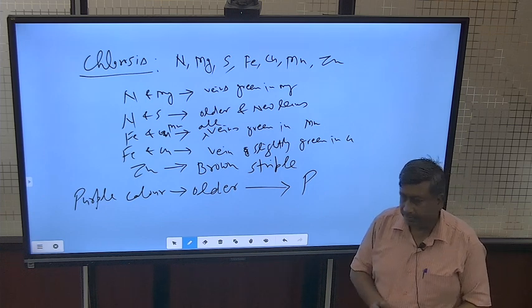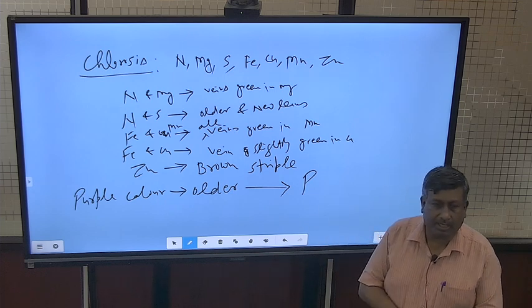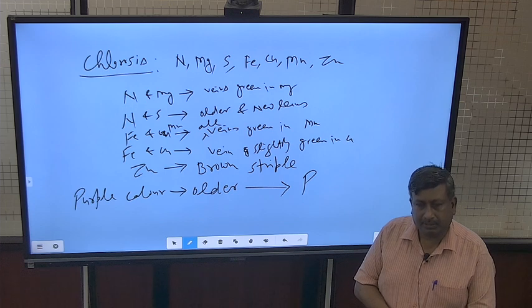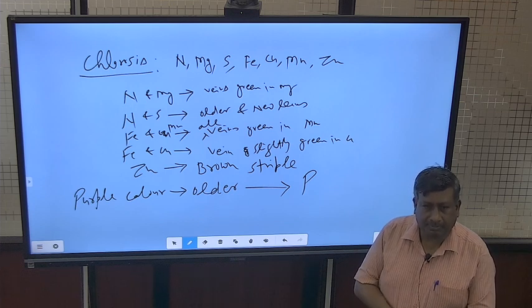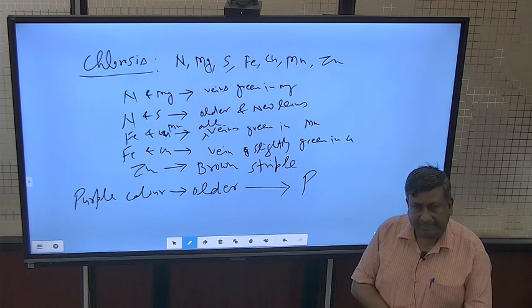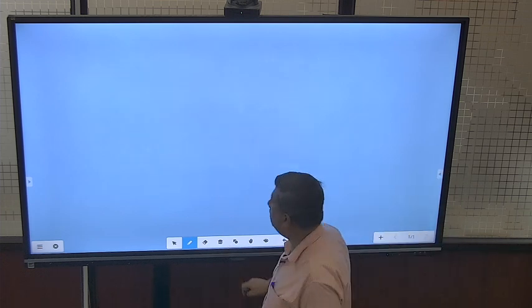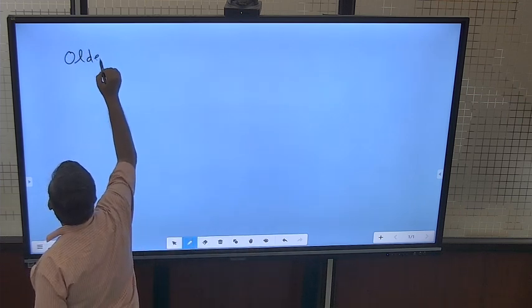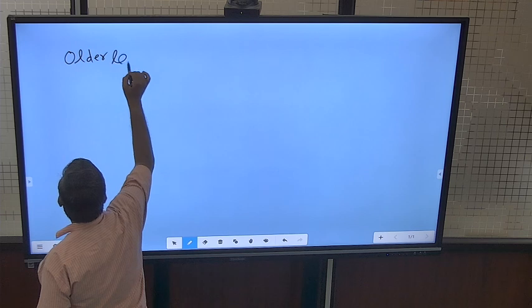Thank you very much. So this is the way we can identify nutrient deficiency symptoms, and there is a systematic approach by which we can identify nutrient deficiency easily. In this approach, first find out whether nutrient deficiency symptoms are on older leaves or new leaves.